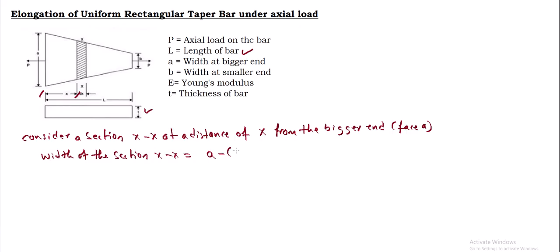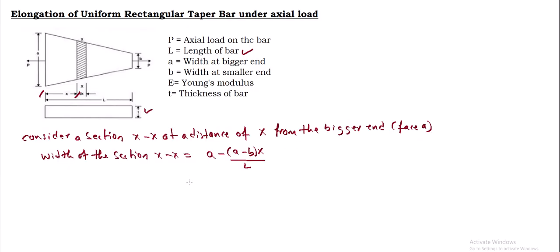In this I will take the average of A minus B times X for the length L, as was considered for the circular tapered bar.